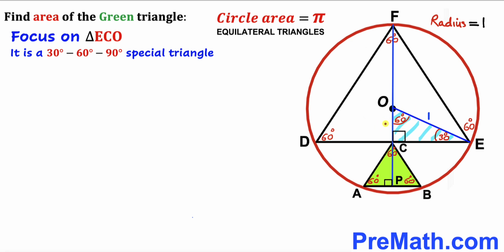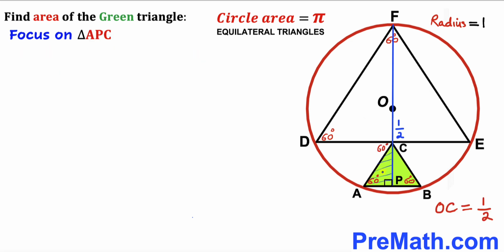If the smallest leg is 1, then the longest leg is going to be 2, and this third leg is going to be square root of 3. Since our longest leg is 1, our smallest leg is going to be 1 divided by 2, half of that one. So we conclude that this OC length turns out to be 1 divided by 2.